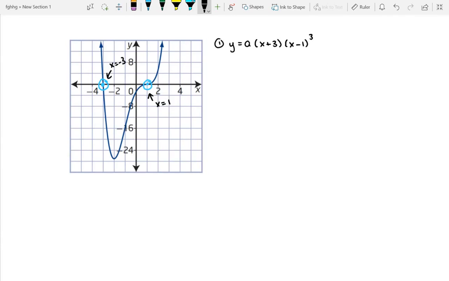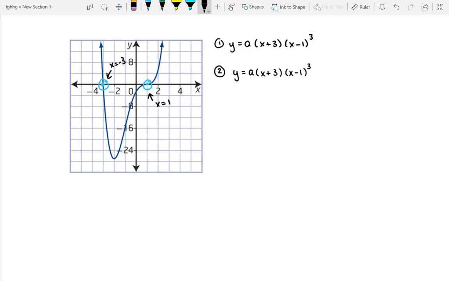Now that we've created our family of polynomial functions, corresponding to the information I have based on zeros, I'm going to choose a specific point on my graph to solve for my a value. So my second step, I'm going to do y equals a, x plus 3, x minus 1 cubed. Now let's take a look at a point that I'd be interested in using.